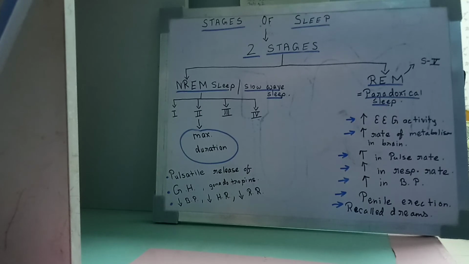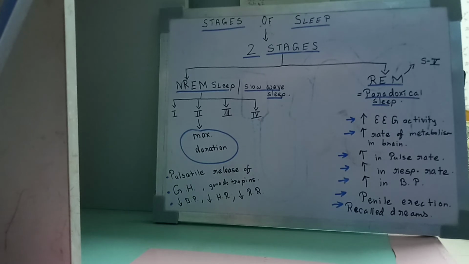Also, an important point you have to keep in mind is that during this REM stage, there is generalized loss of muscle tone. That's the reason we see that the face, fingers, or legs may twitch during this stage.